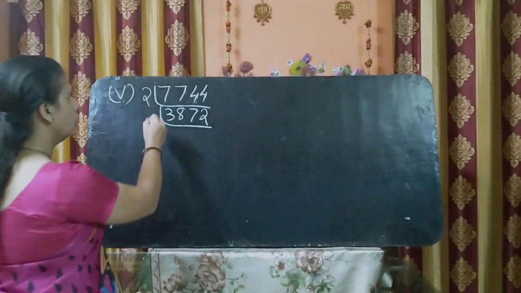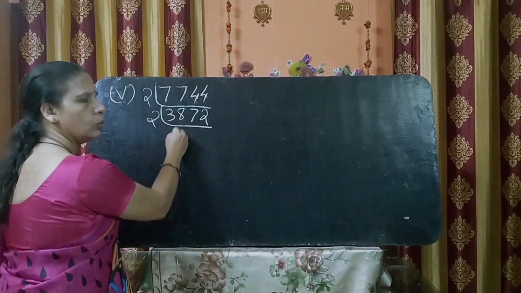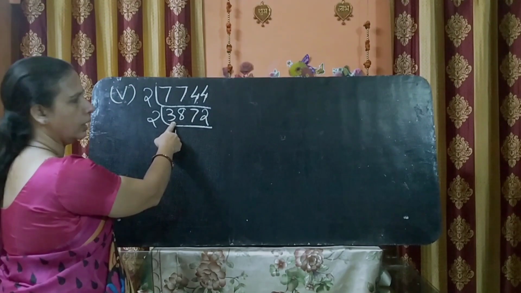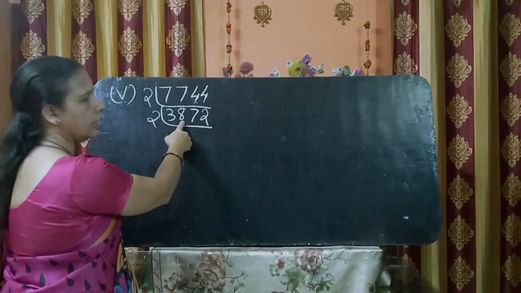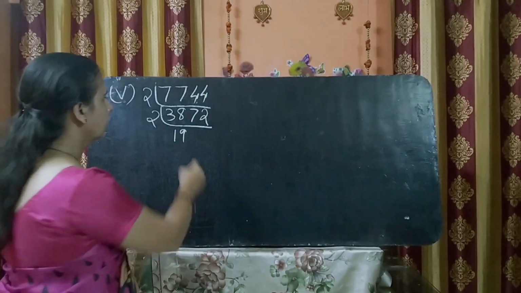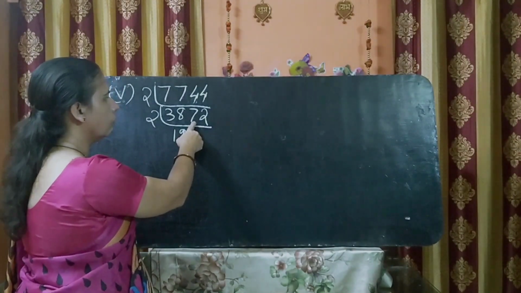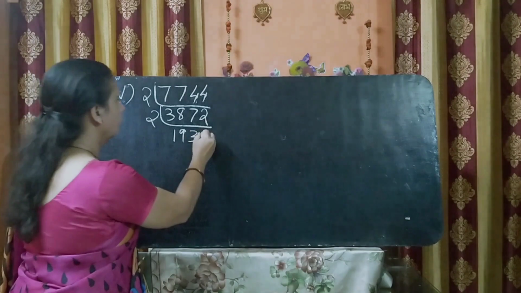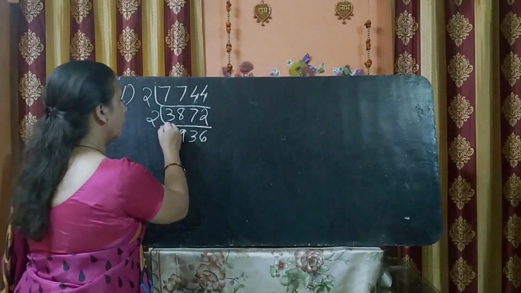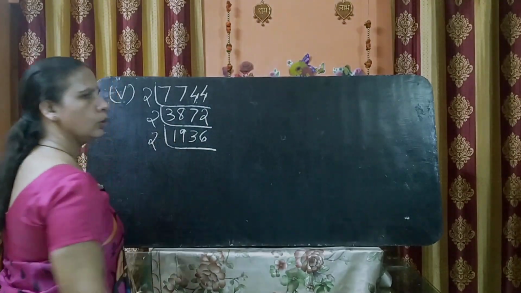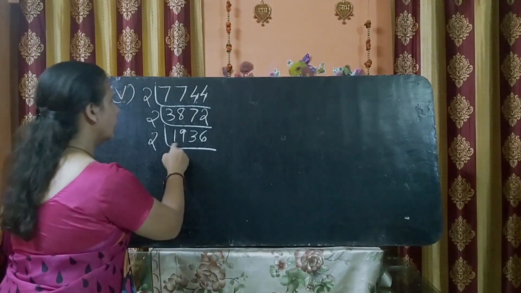Next factor is 2. 1 into 2, 2. How many left? 1. 18. 9 2's are 18. 7. 3 2's are 6. How many left here? 1. Number 12. 6 2's are 12.